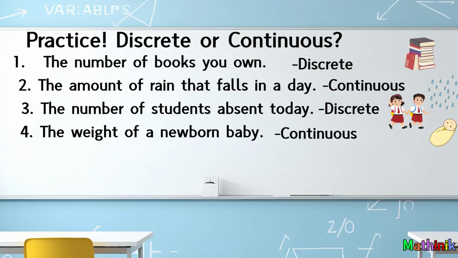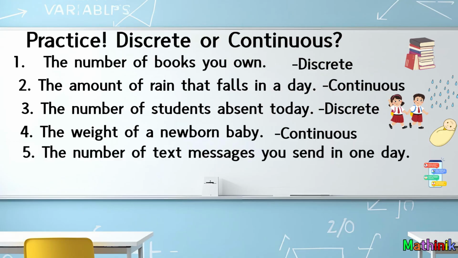That's continuous because it can have decimal values. Number 5, the number of text messages you send in one day. That's discrete because you can count each message.